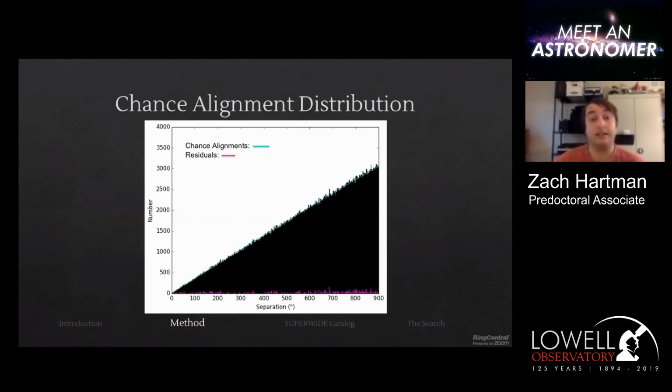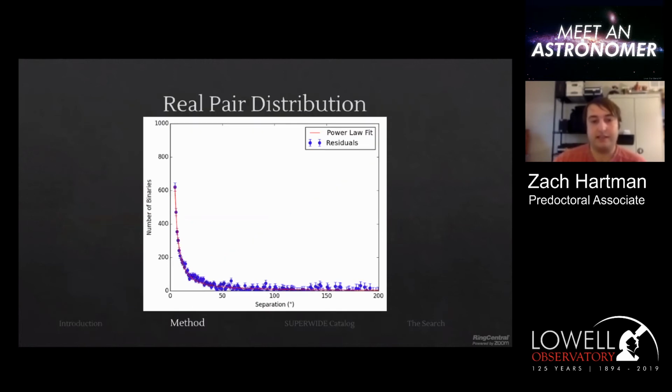Step two is getting rid of those real binaries. As you can see in the lower left now, there is no real binary population. This is a distribution entirely made of chance alignments, the shifted randomized catalog. And then step three is essentially to profit from doing that and get the real pair distribution out.